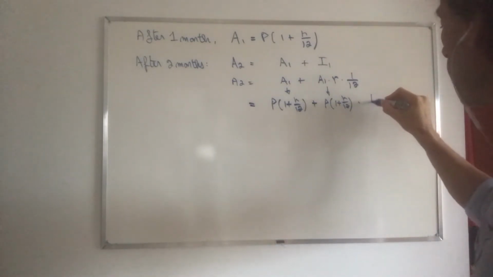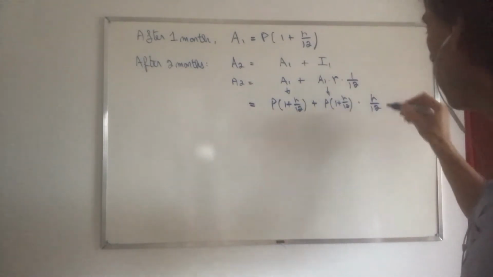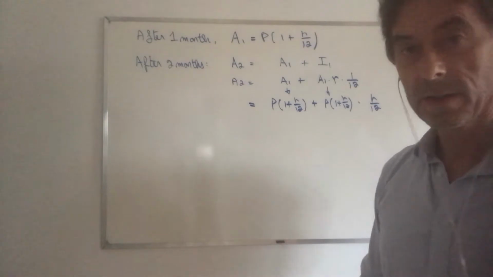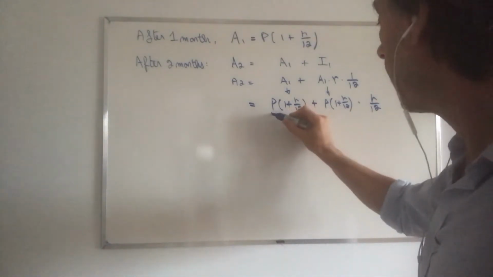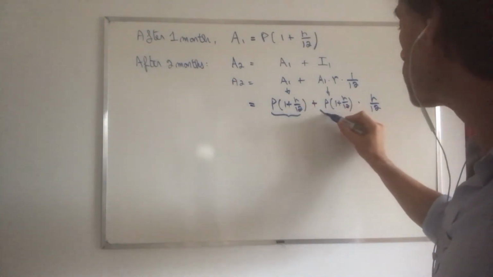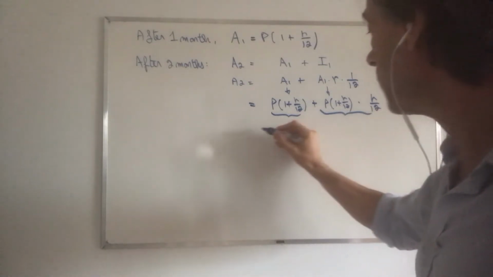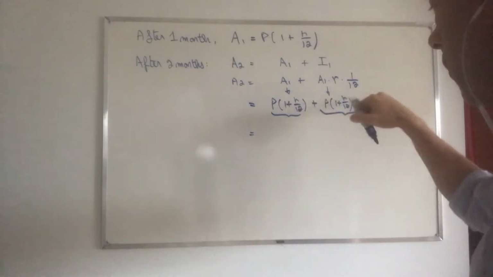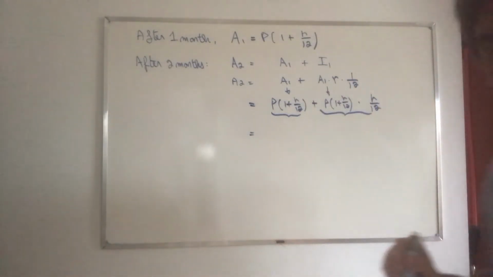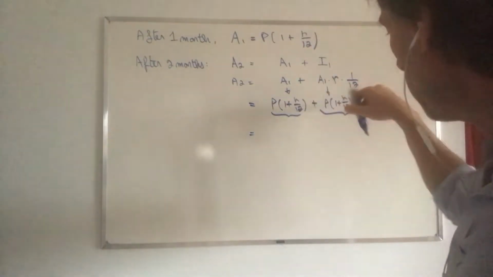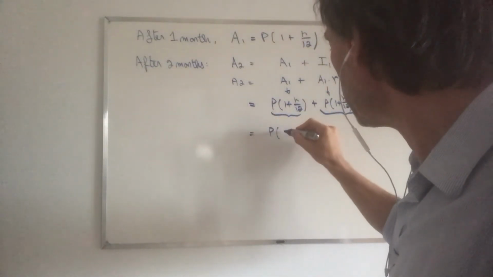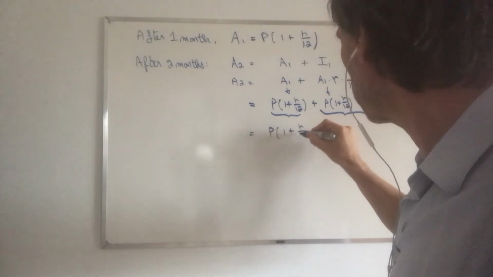R times 1 over 12. So R over 12, right? And now I have this plus this, so I can certainly take out what is common. And what is common between those two halves? Can you see? P(1 + R over 12).